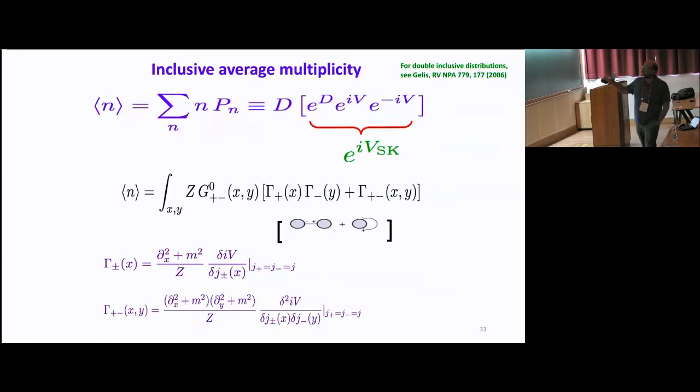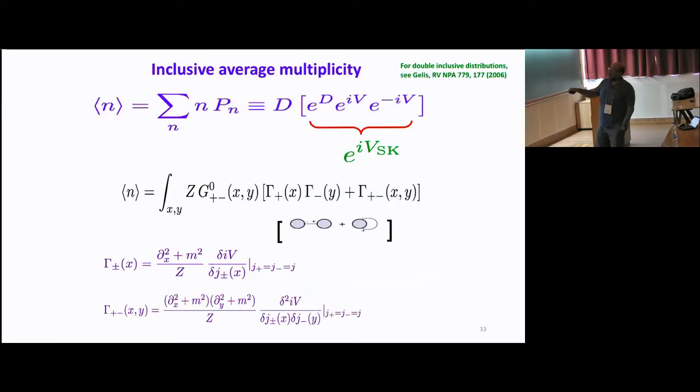In formulations like path integral formulations, it becomes this Schwinger-Keldysh amplitude. And the point is that this translates for all n-inclusive distributions. So I don't need to work with connected-to-connected graphs anymore. I can work with the Schwinger-Keldysh connected graphs, defined on the contour.